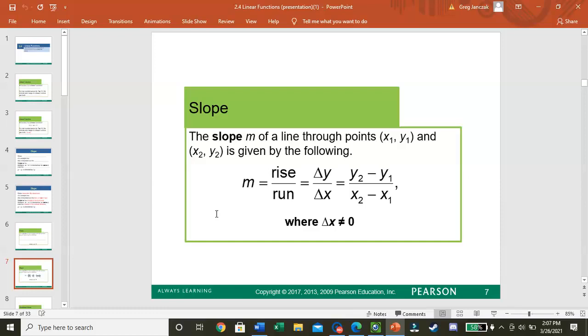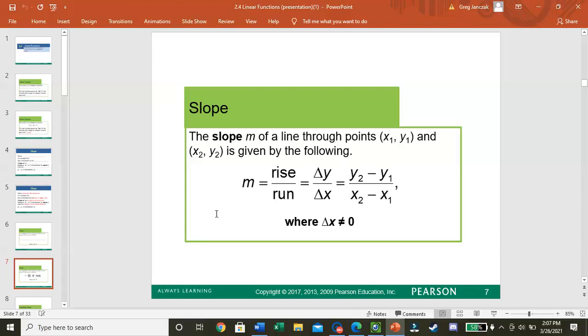This triangle-looking symbol means delta, or difference, or change in the y values. So if you're looking at 2 points, (x1, y1) and (x2, y2), slope is y2 minus y1 over x2 minus x1.